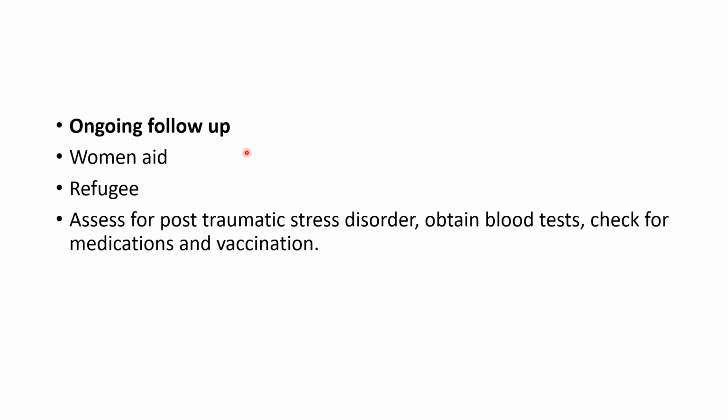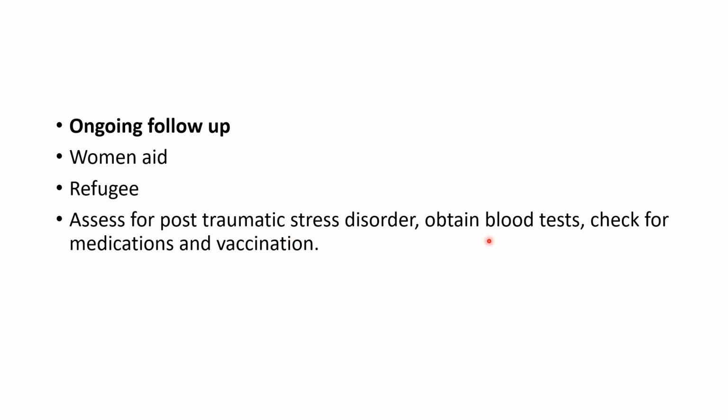The ongoing follow-up would be by providing aid to that woman. You have to provide her refuge if she does not have any other place to live, and you have to assess for post-traumatic stress disorder. This is very important because there is depression, anxiety, hallucinations and night flashes in all these women who have gone through these traumas.